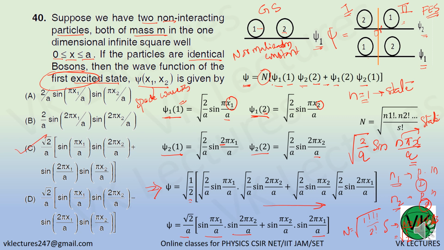Now this is only when your psi is symmetric. That means psi space. We are talking about the space wave function. If this would have been minus, then psi space is anti-symmetric.